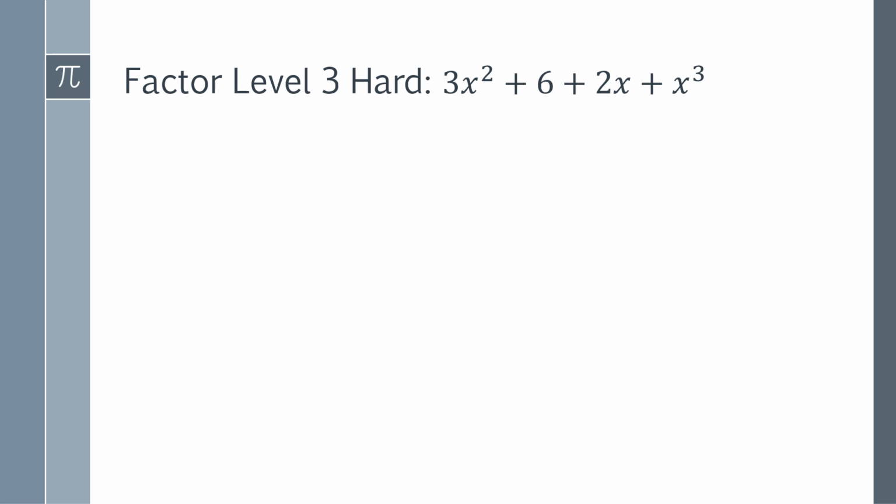So let's rewrite this. So x cubed plus 3x squared plus 2x plus 6. Bam. We wrote it. So now, let's do like we've been doing. Putting it all in groups.